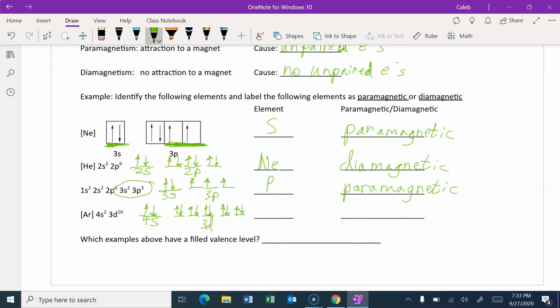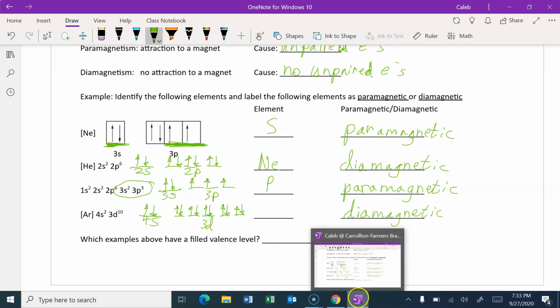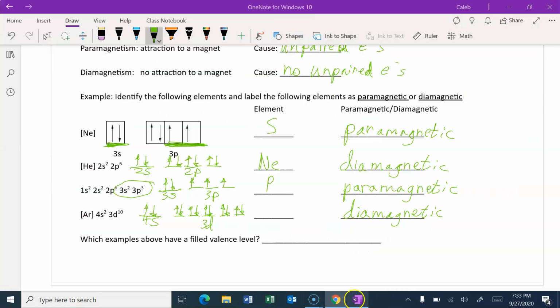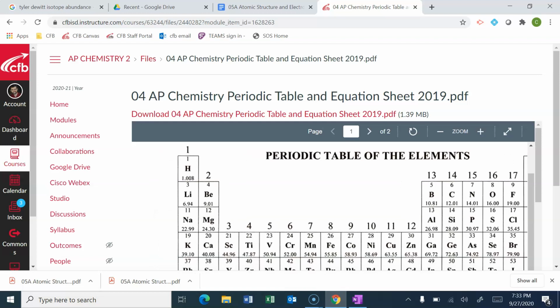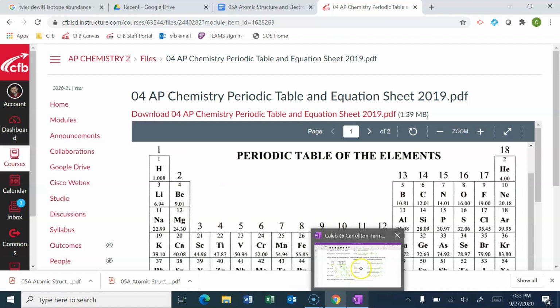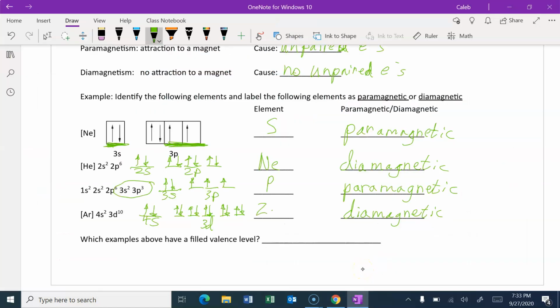All right, 3d10. No unpaired electrons, so this is diamagnetic. And our element here is 3d10. 3d, 1, 2, 3, 4, 5, 6, 7, 8, 9, 10. That's zinc. Zn is the element.